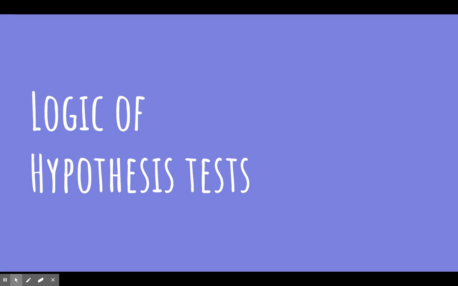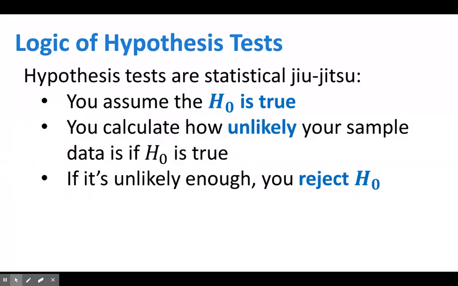Okay, so the logic of hypothesis tests and the way they work is a little tricky. So again, one of the main bases is that you always assume that the null hypothesis is true first. Everything you do operates under that assumption.